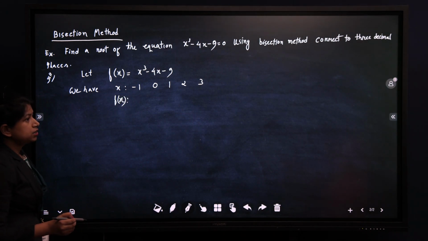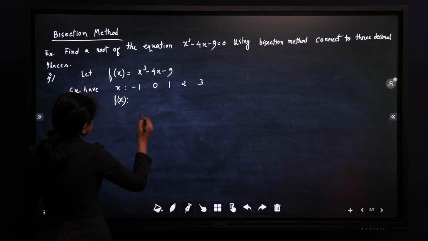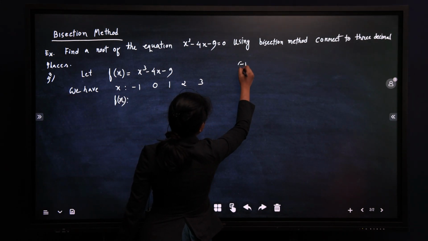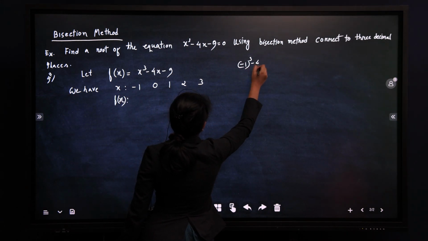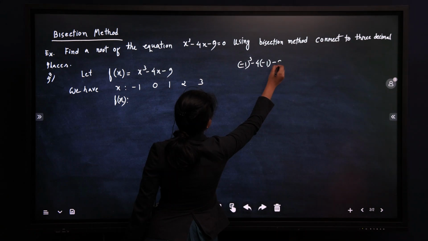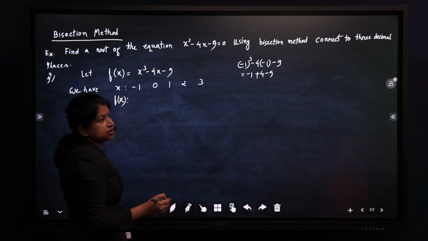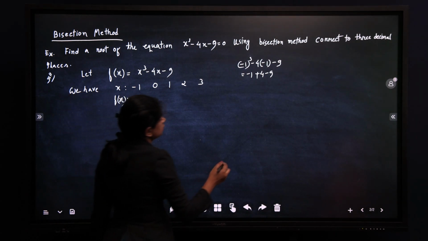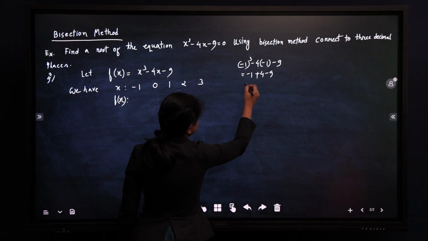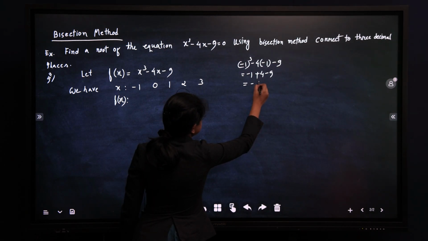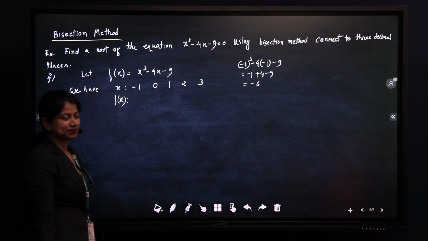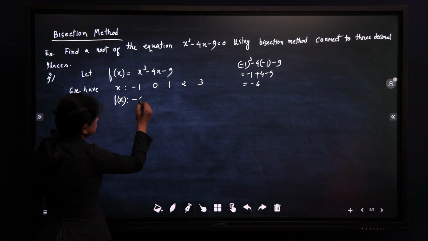For -1, we get (-1)^3 - 4(-1) - 9, that is -1 + 4 - 9, which is -6.